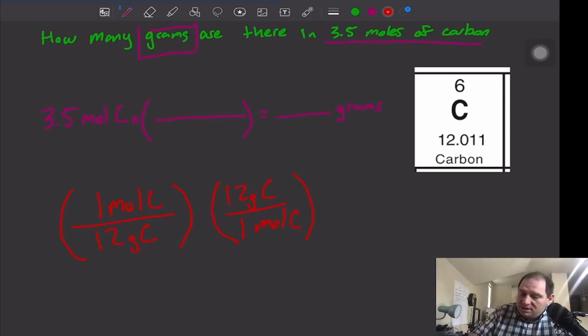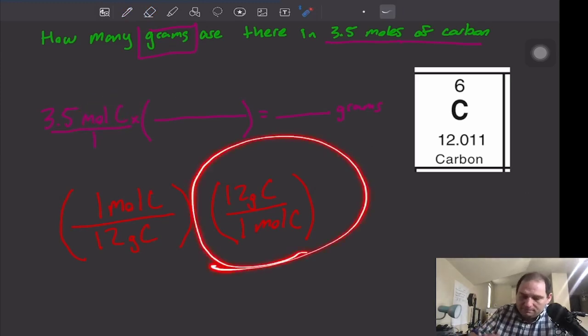All right, so I'm going to use this as my conversion factor. Which one of these do I want to use? Well, let me put that over 1 because it's the same thing. If I have moles on top, I need to find one that has moles on the bottom. So I'm going to want this one.